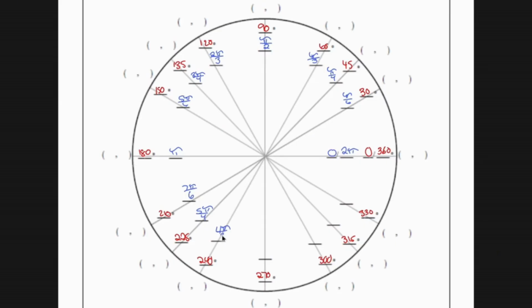This is 1.5 pi, so 3 pi over 2, 5 pi over 3, 7 pi over 4, and 11 pi over 6.